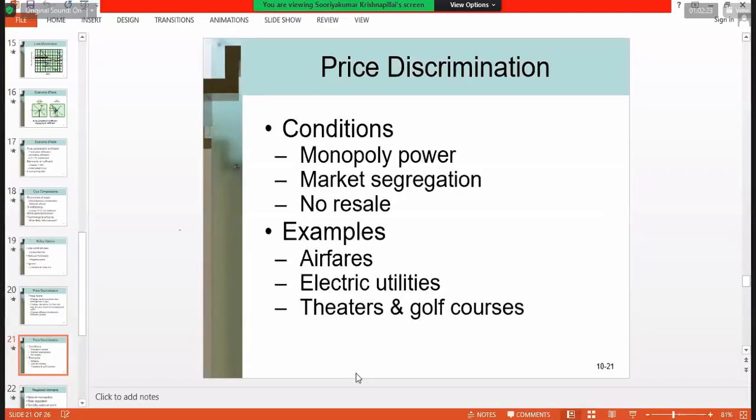If they charge everyone the same, they will not get higher profit. In the theater also you can see first class, second class, third class, to make higher profit. If there is no resale, then they can do that. So by discriminating, a monopoly can get higher profit.